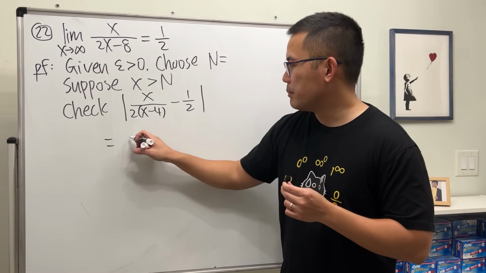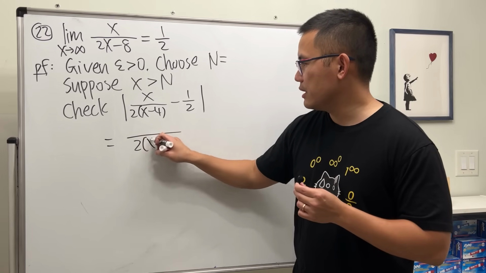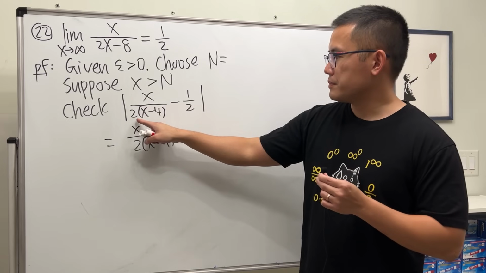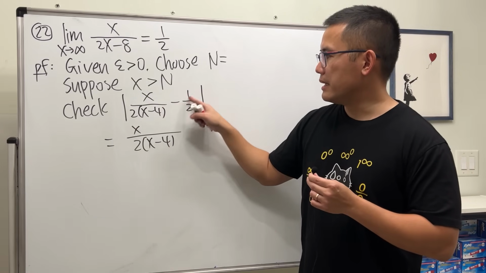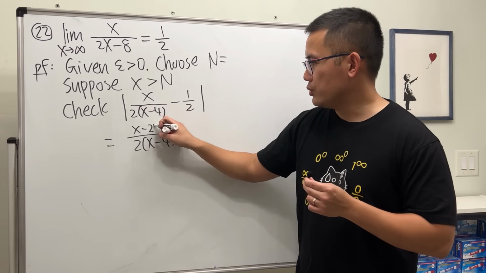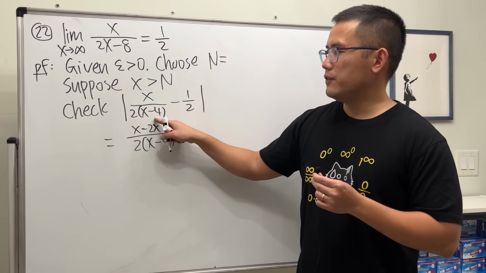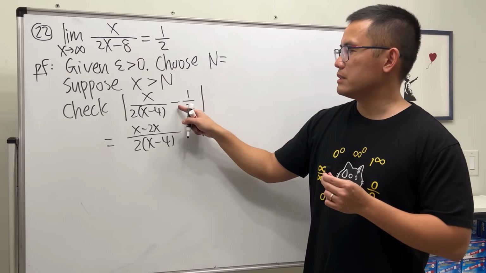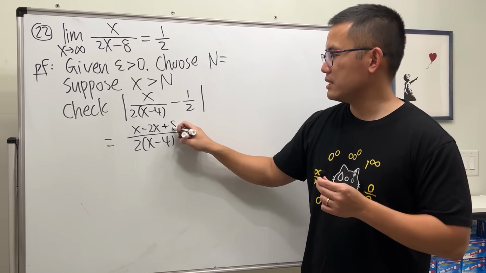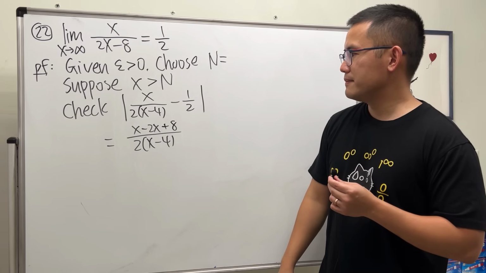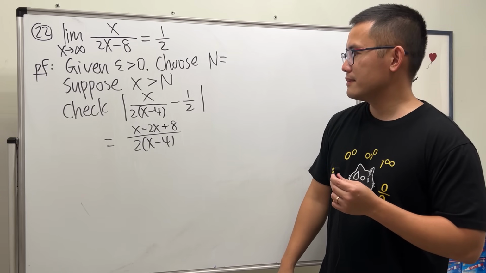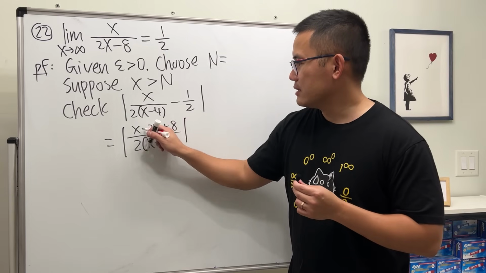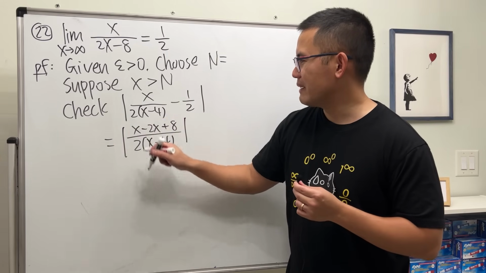The lowest common denominator is just 2 times x minus 4. This x, keep it, and then it's 2x times minus 1, so it's minus 2x. 2 times -4 is -8, so it's -8 times -1 is +8. Absolute value. All right, so this is minus x.